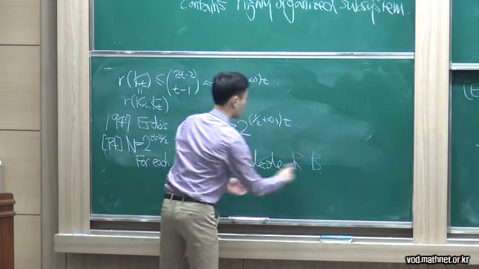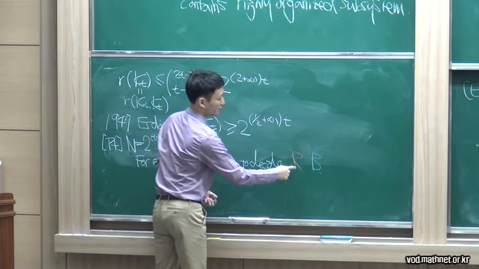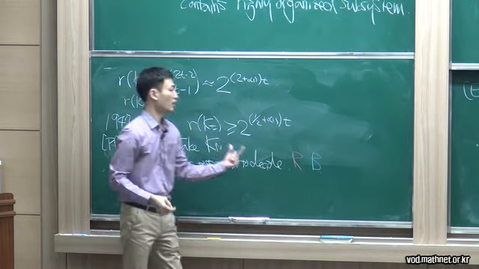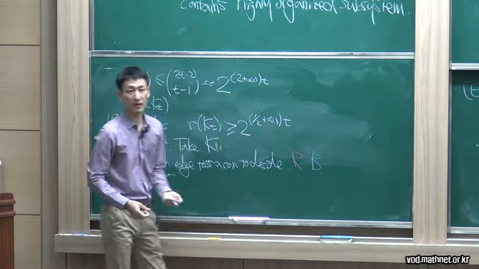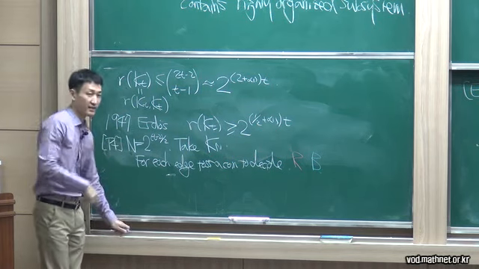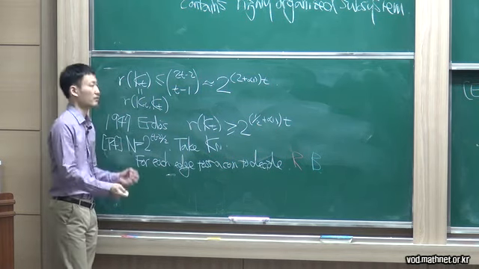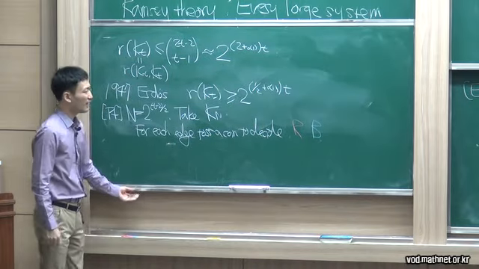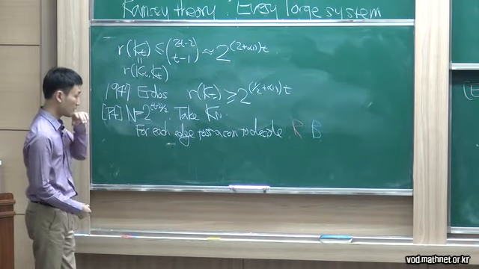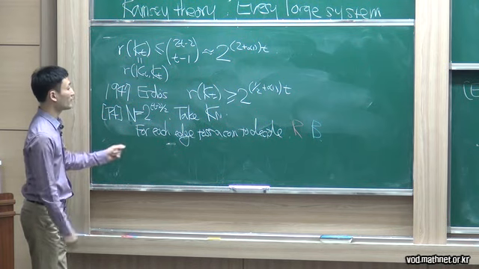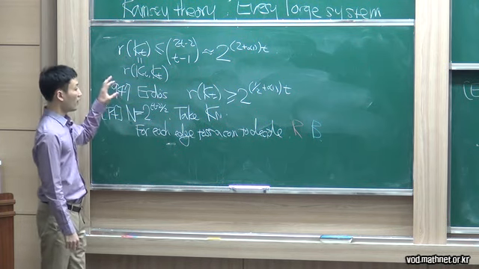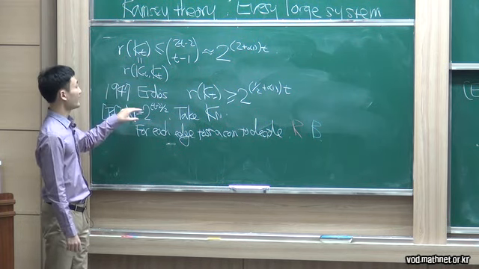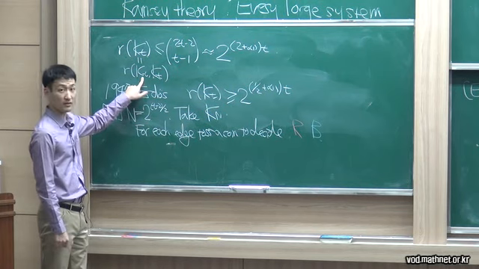That means with probability half, I'll take a red color for a single edge, and with probability half, I'll take a blue color. And for all edges, make it independent. So I will toss lots of coins to color the graph. How do we even analyze it? What we want is the coloring with no monochromatic complete graph on t vertices.